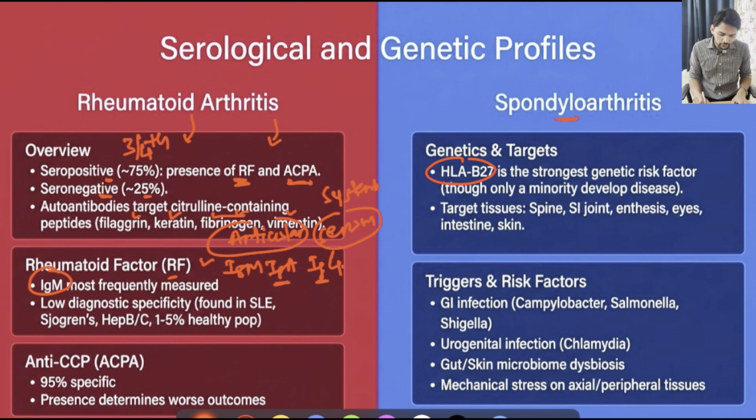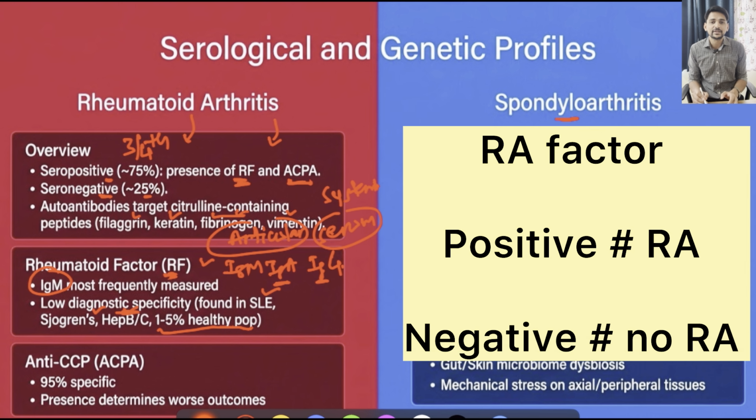So the sensitivity is low, we can say, as well as the diagnostic specificity is also low, because this RA factor is also found in some other conditions like SLE, Sjogren's disease, even hepatitis B or C infections, and at low titers it is also present in about 1 to 5% of healthy population. So just mere presence of rheumatoid factor does not confirm rheumatoid arthritis.